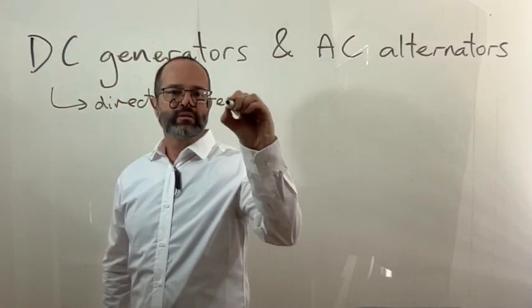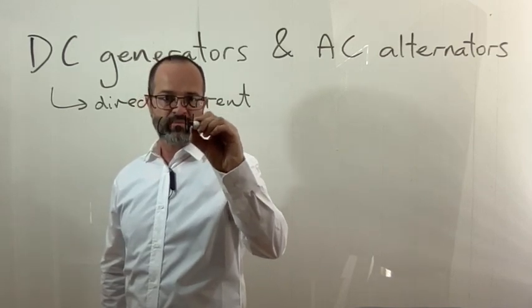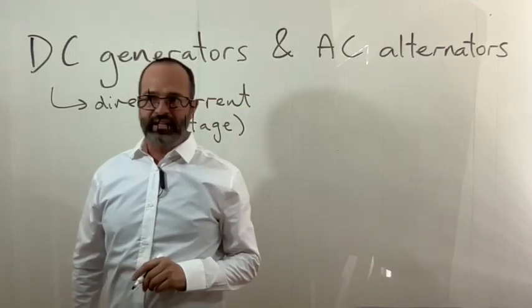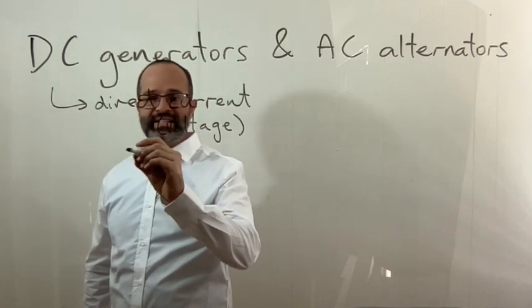And that also applies to the voltage. And we generally think that this means it's steady, but it just means really that it's going in one direction. It's not necessarily steady.